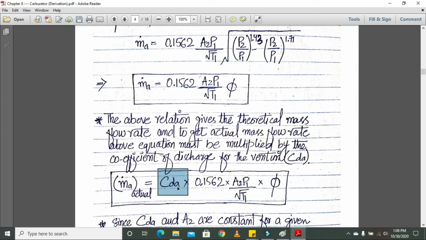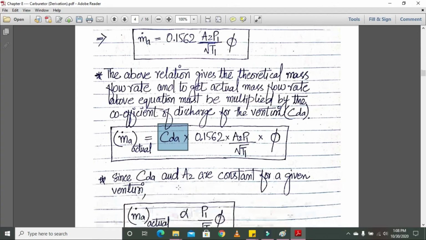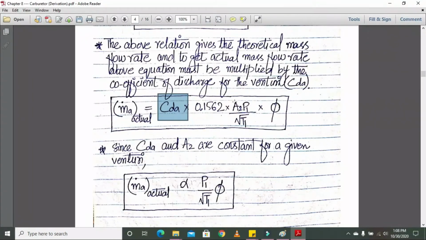So CDA and 0.1562, they are all similarly the area as well. Area for one carburetor will remain constant.